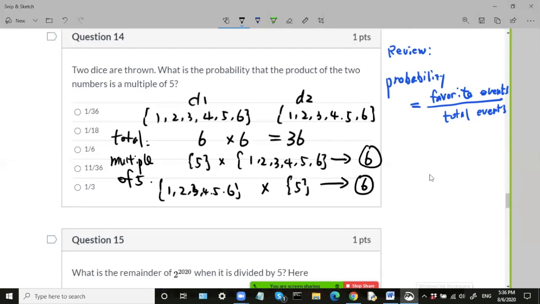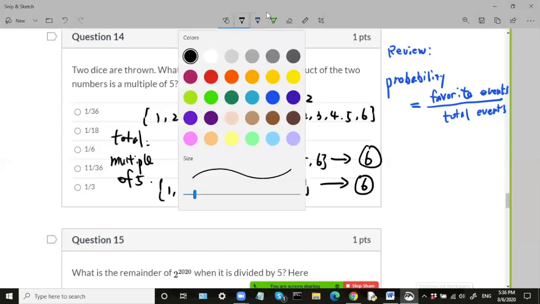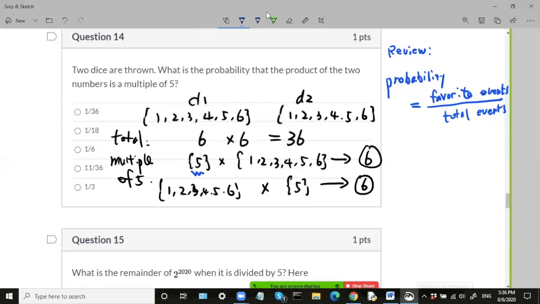So it looks like the total is 12, but wait, did we count some pair twice? Actually yes. Look at this, 5 and 5.